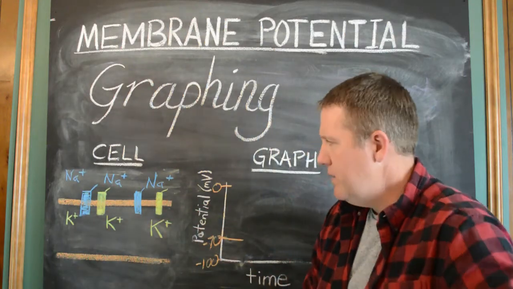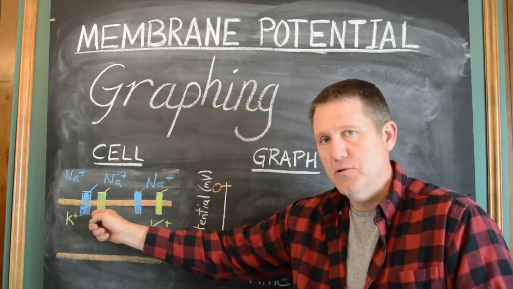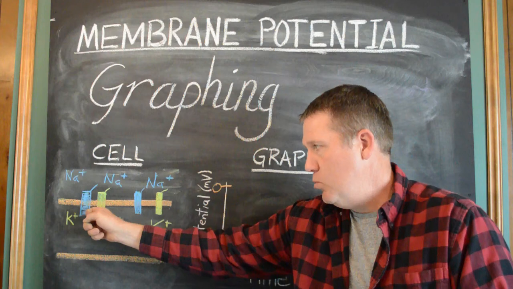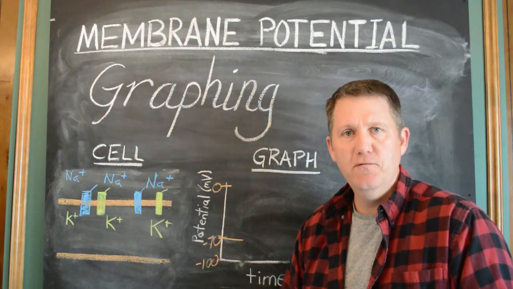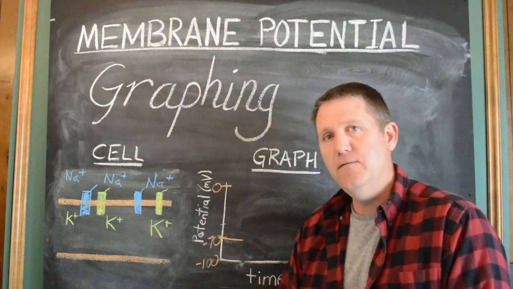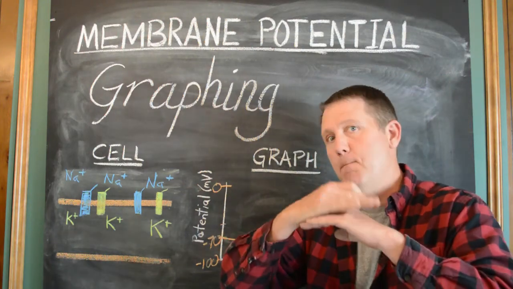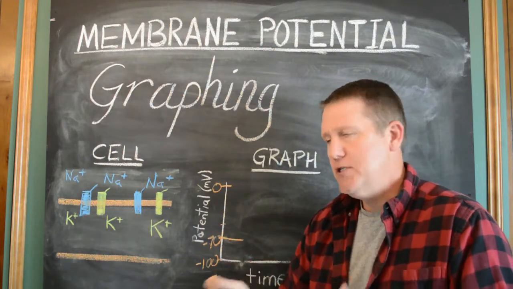The way this works is once the voltage changes, these channels, one for sodium and one for potassium, are triggered by a voltage change. Once the voltage gets up to about -55, those channels spring open. And they're staggered.